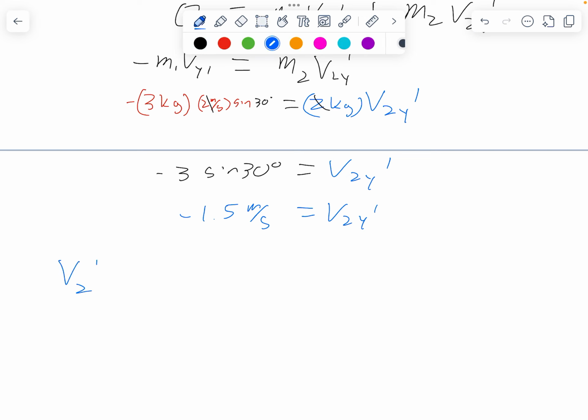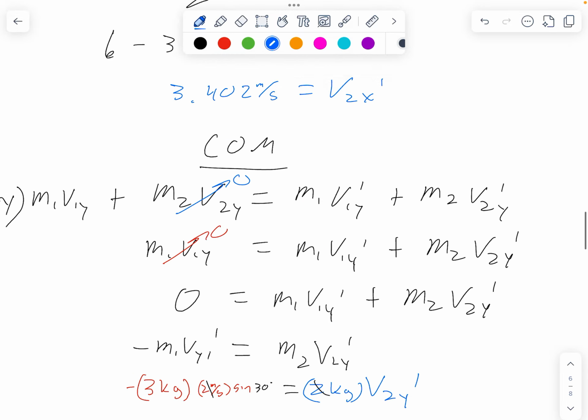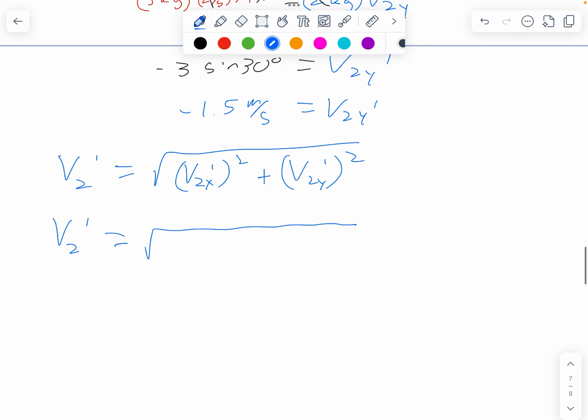So v2 prime is equal to the square root of v2x prime squared plus v2y prime squared. That quantity square rooted. Okay, so my v2x prime was this 3.402 squared, okay, plus this negative 1.5 meters per second squared.